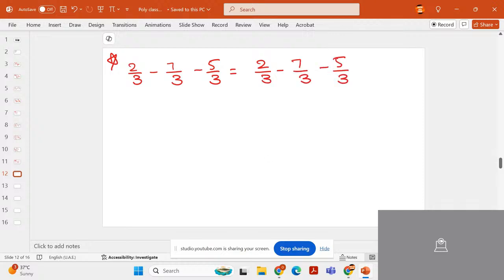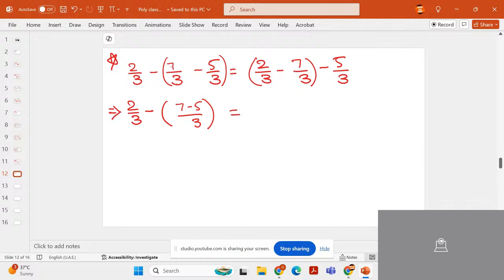By grouping the last two in the left hand side and the first two in the right hand side. Is it right? So that is equal to 2 by 3 minus of, now 7 by 3 minus 5 by 3. So what will happen? 7 by 3 minus 5 by 3 is 7 minus 5 divided by 3.